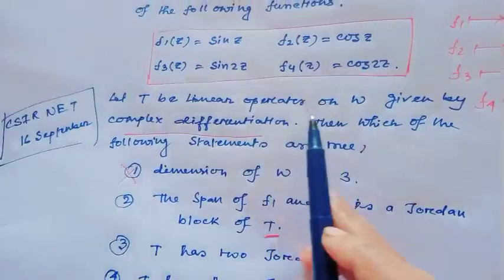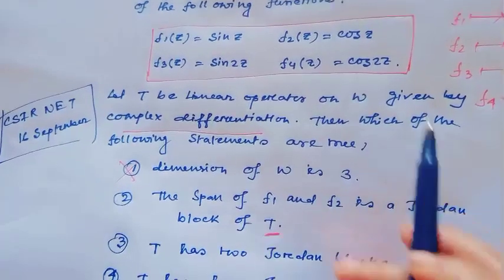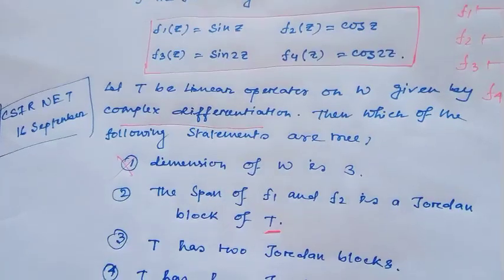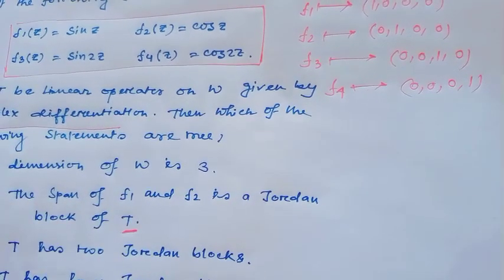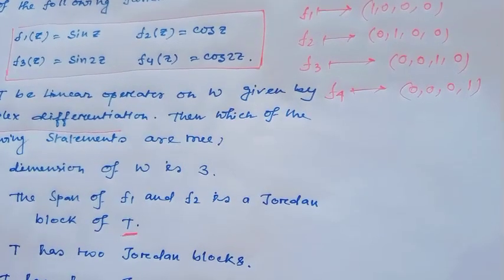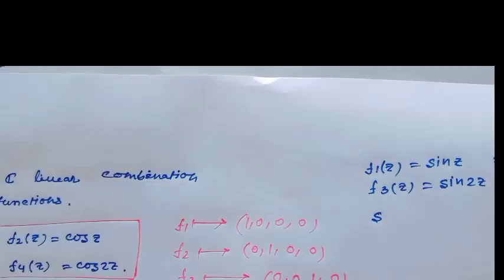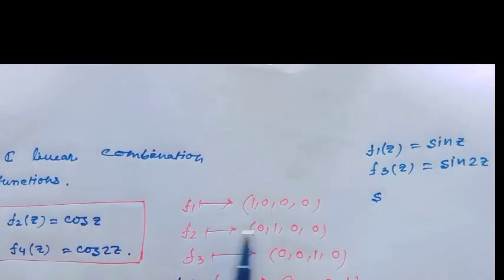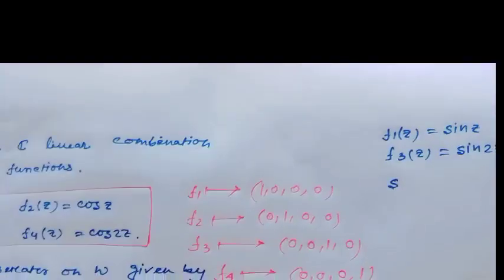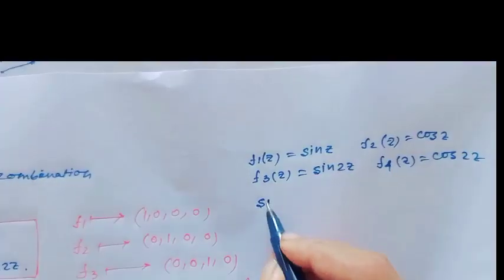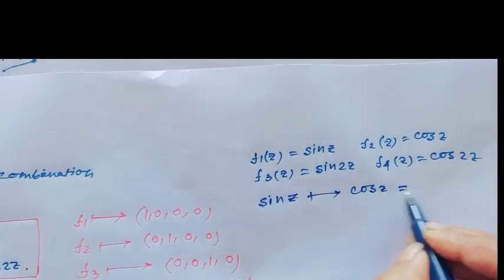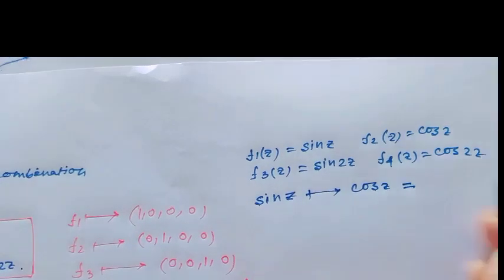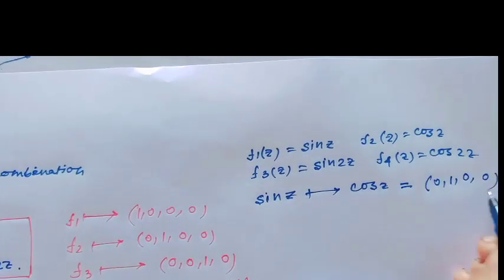Since T is the linear operator on W given by complex differentiation, sin z corresponds to cos z, which is f2, that is 0 1 0 0.